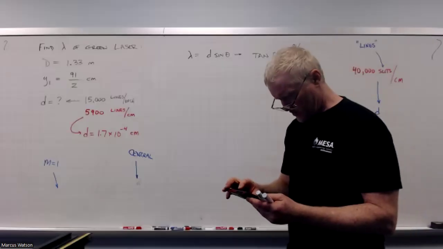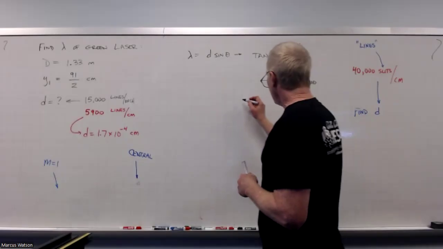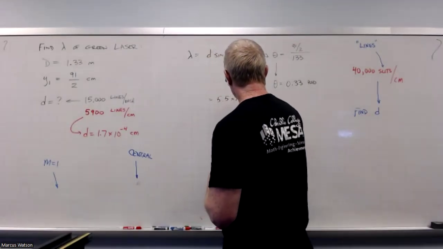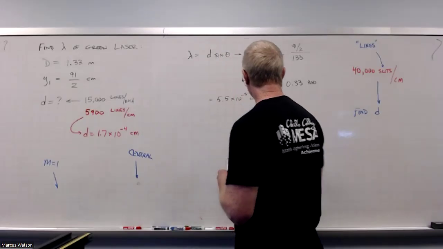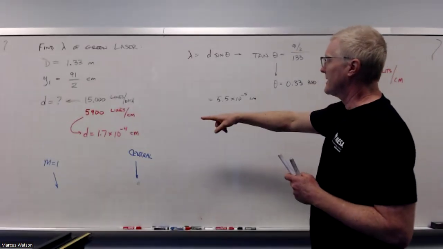All right, so I've got 1, 2, 3, 4, 5. I've got lambda turning out to be 5.5 times 10 to the minus 5 centimeters, because I used centimeters in my little d.